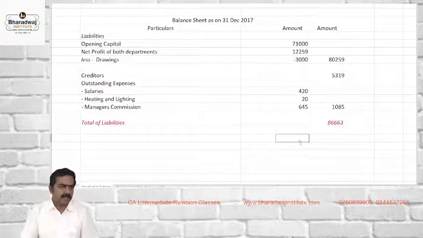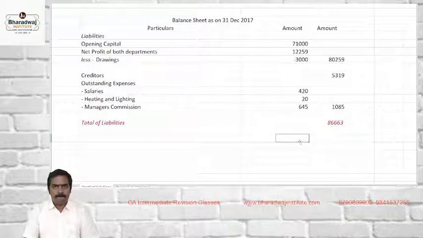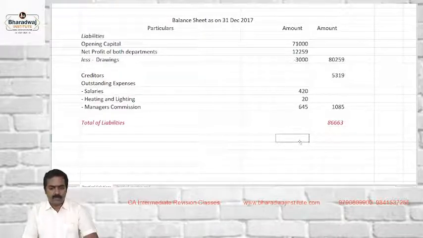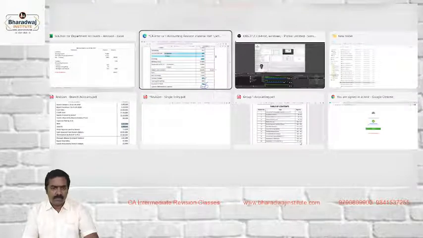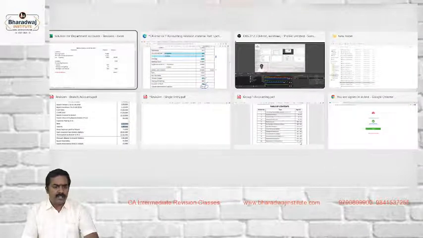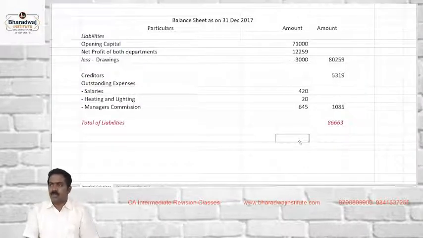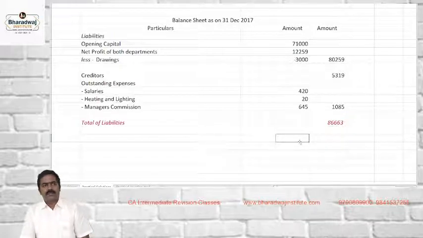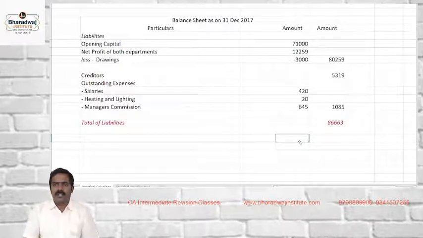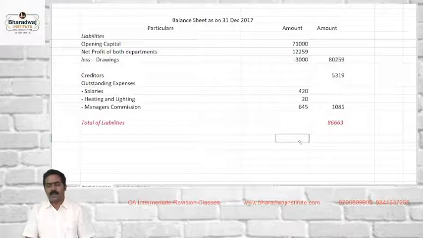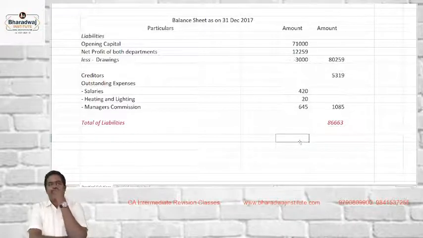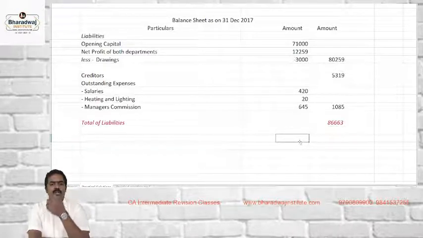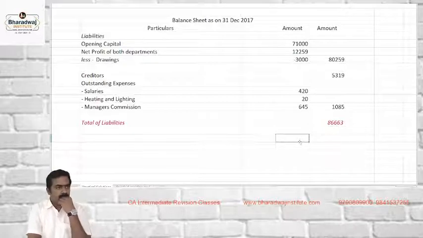Start with assets next. Ensure that you are eliminating depreciation also. Equipment, you can add it together, eliminate depreciation 10%. Record debtors, closing prepaid items.